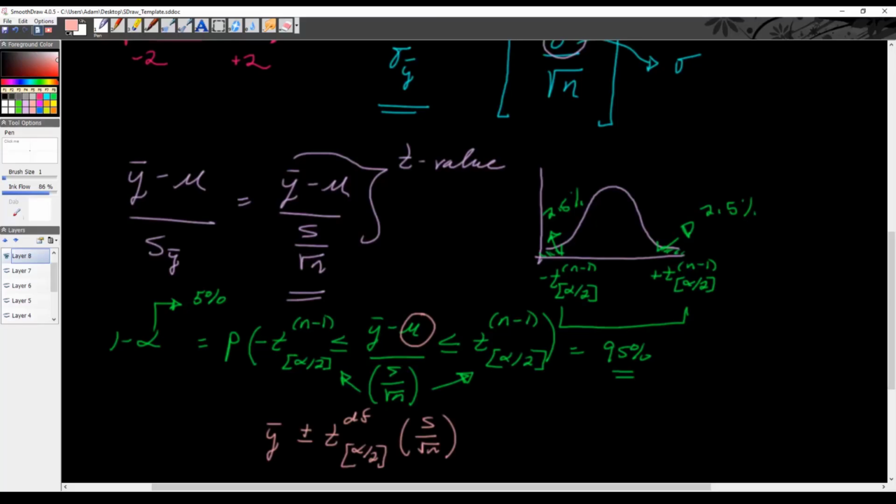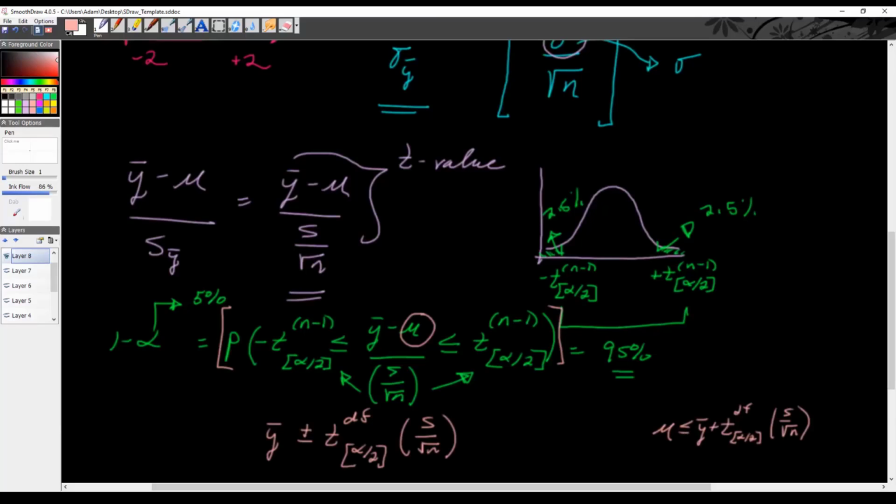So I can write this a little bit differently. We can manipulate this equation to show that mu is going to be less than or equal to y bar plus the critical t, which is alpha over 2. The critical t depends on the degrees of freedom and the level of significance, times s divided by root n.